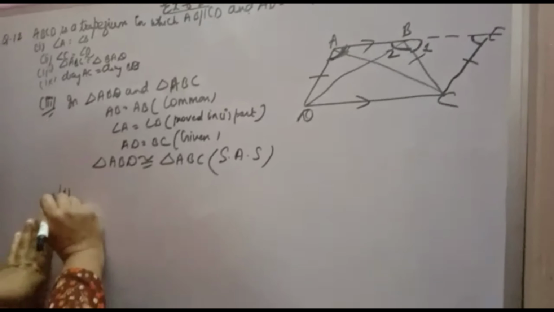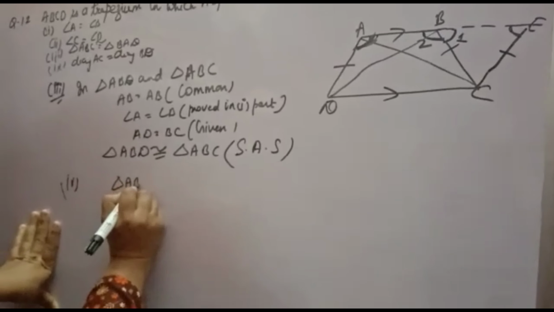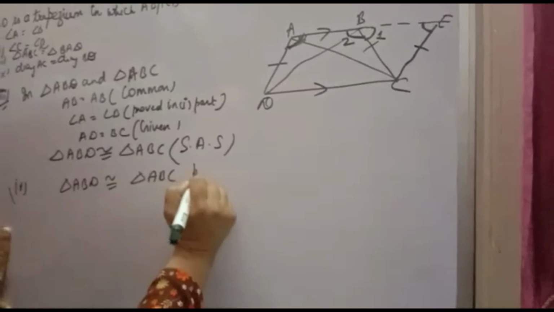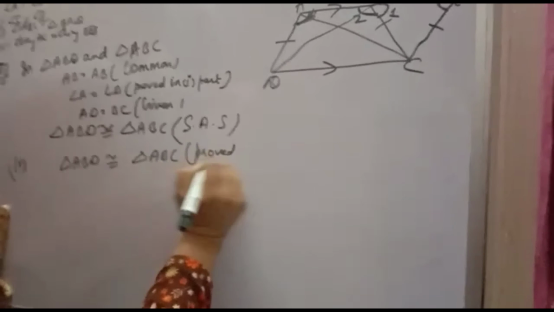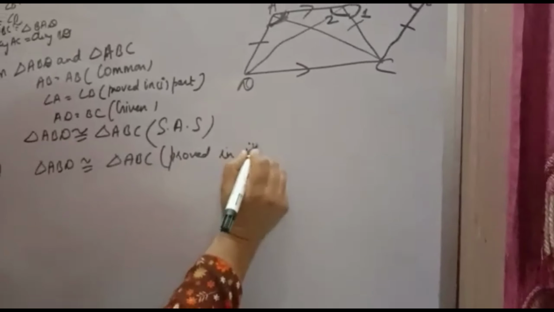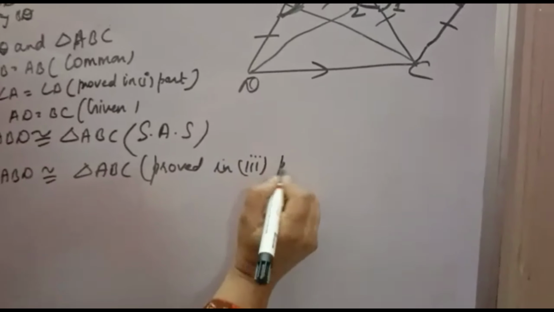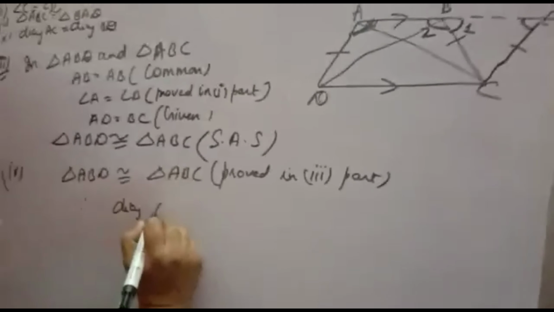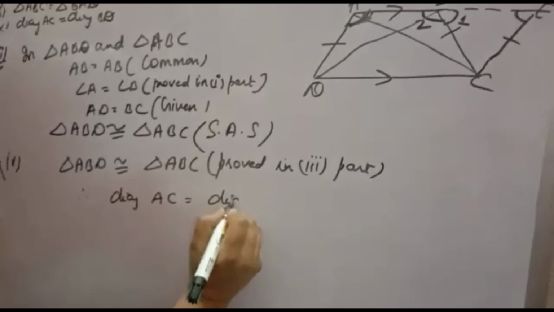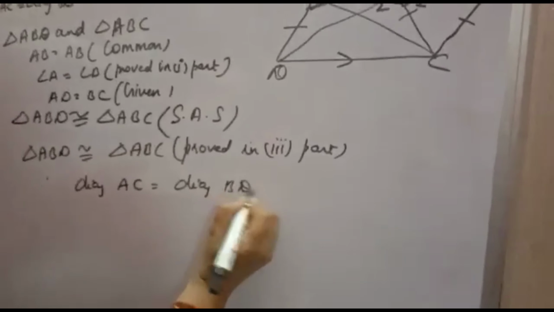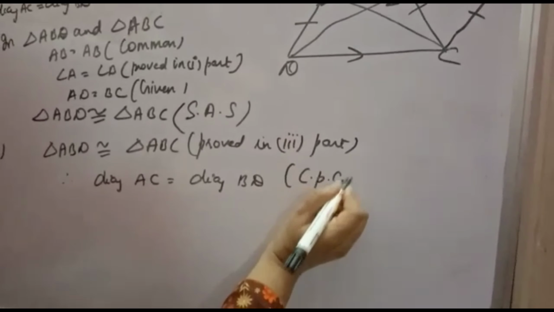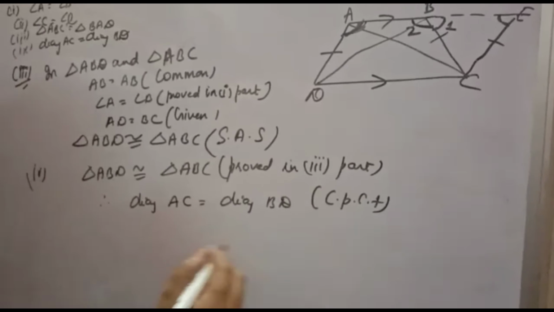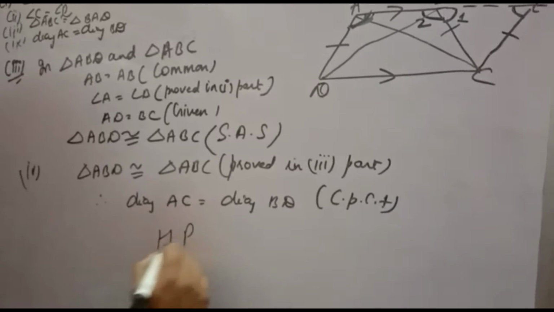Triangle ABD is congruent to triangle ABC, proved in the third part. Therefore, diagonal AC is equal to diagonal BD, by CPCT, corresponding parts of congruent triangles. I hope you understood this question. Thank you.